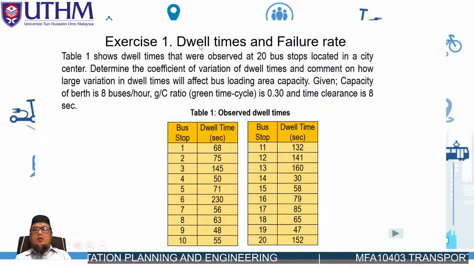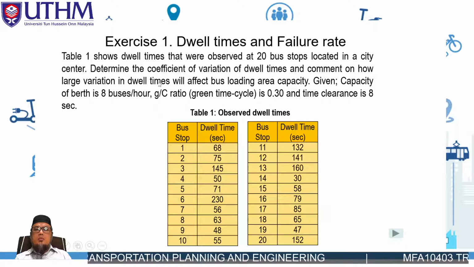It's about dwell time and failure rate, especially for bus stops, the number of bus stops according to the dwell time in terms of the operation for these 20 bus stop locations. Table 1 shows dwell times observed at 20 bus stops located in a city center.